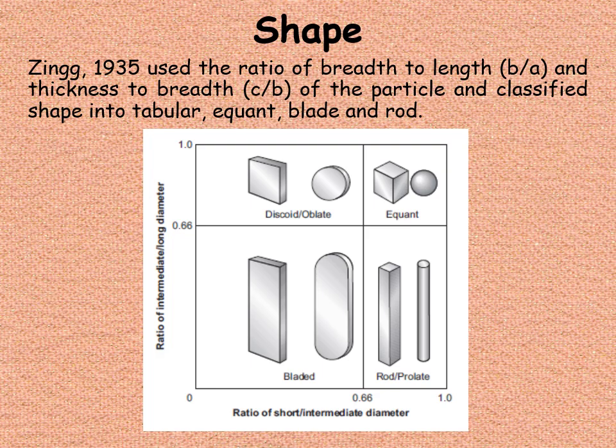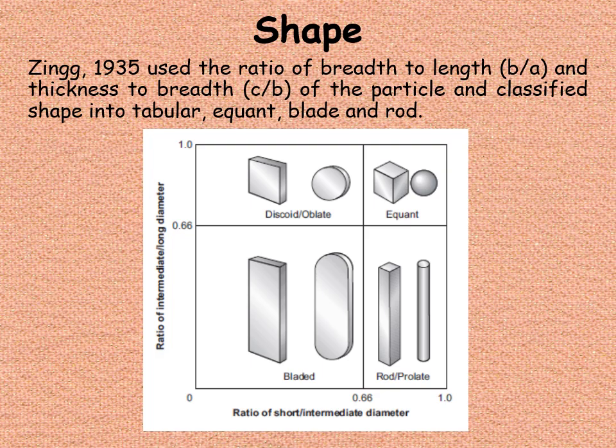So this type of shape is known as oblate. In mineralogical terminology, in mineralogical form, you call this type of shape tabular.